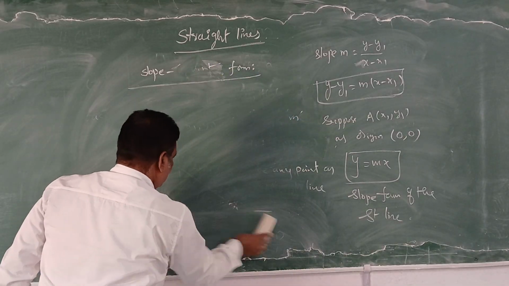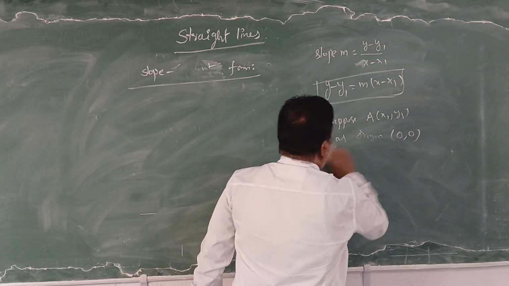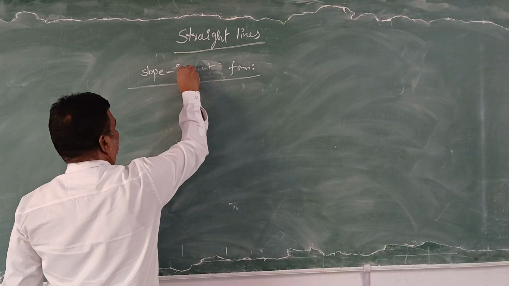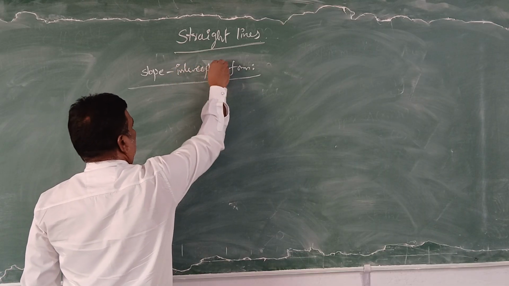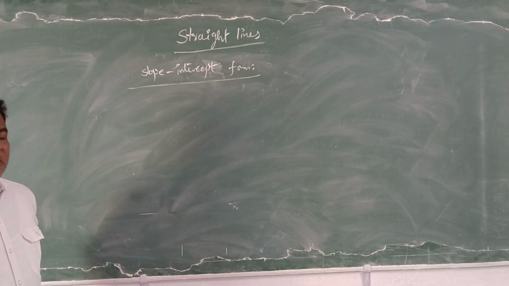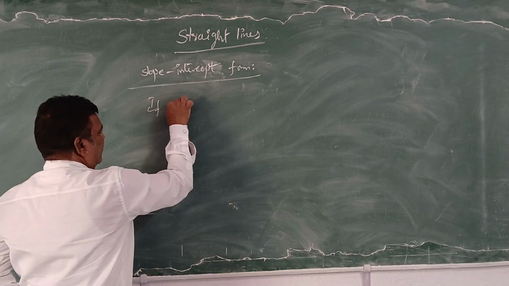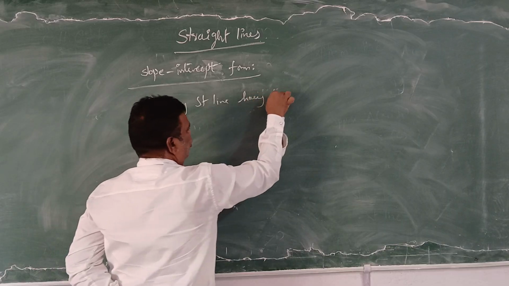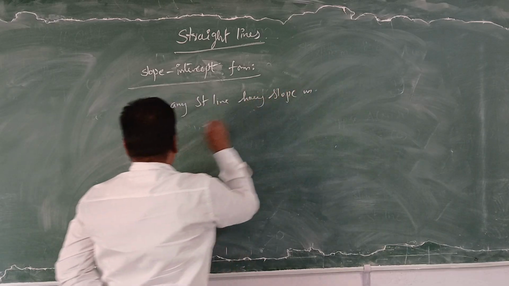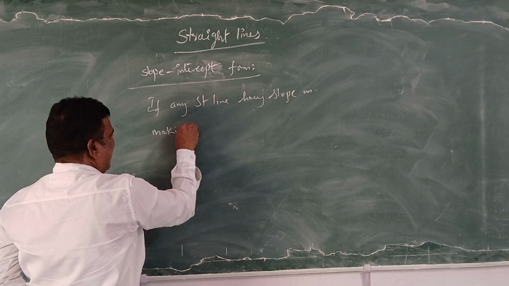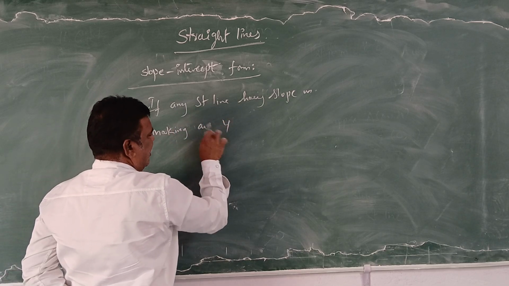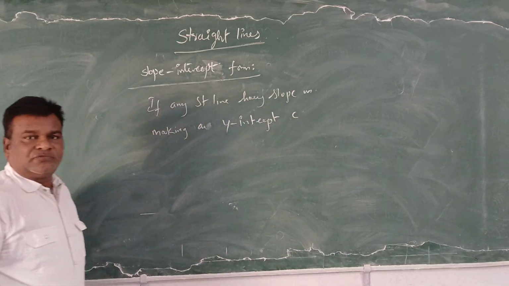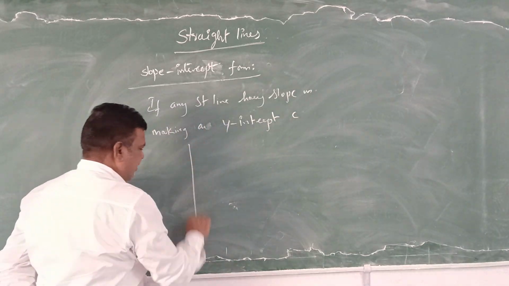Next form is slope intercept form. What is slope intercept form? If any straight line having slope m makes a y-intercept c.